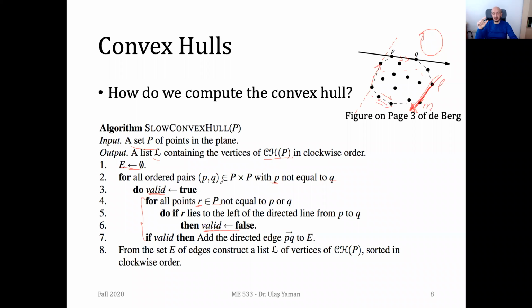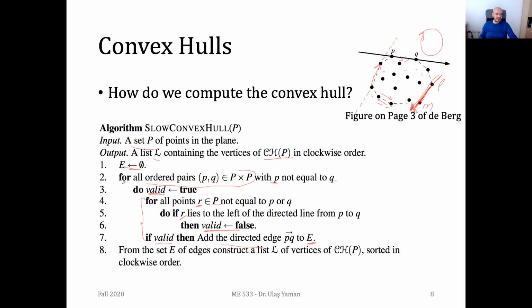You should stop that computation and continue with another directed edge. But if all the points lie on the right hand side, then valid is still true. You can add this edge to your output list, which is right now E, and you do all this computation for all the pairs.